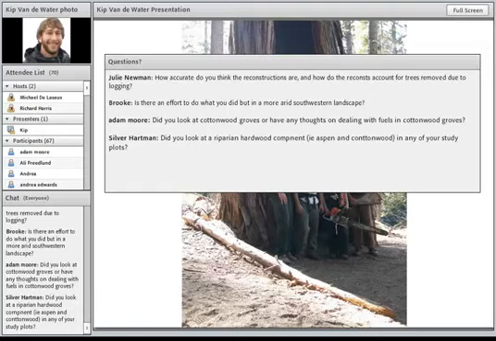Well, I think the reconstructions are pretty accurate. We used methods that have been used in a lot of other reconstruction studies, and our results are validated by what most other reconstructions have found. Again, they're less accurate for small trees, and they're less accurate in those wet west side forests just because things decay a lot faster. But we did account for trees removed during logging. That's one of the parts of the reconstruction details I glossed over.